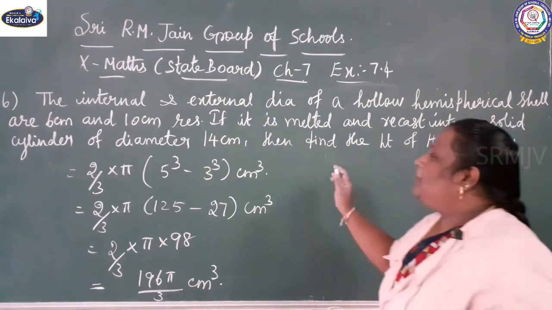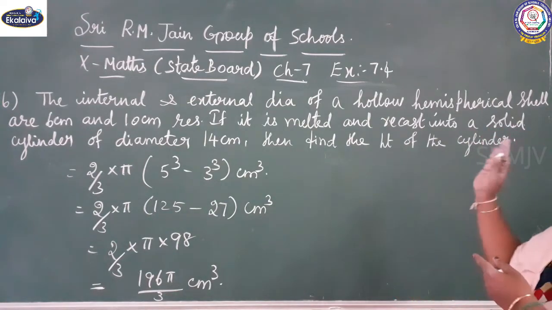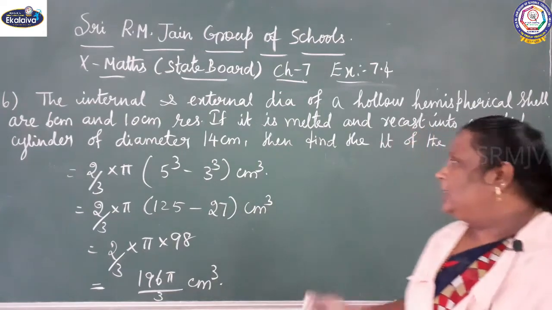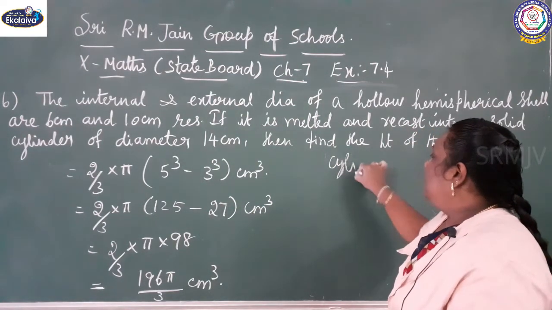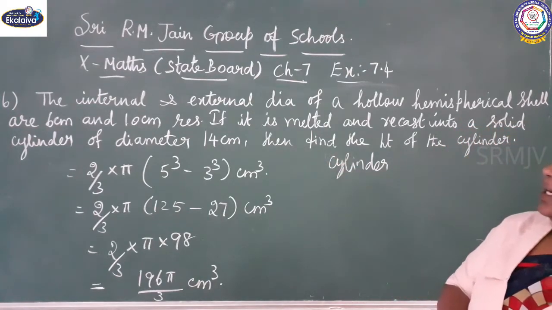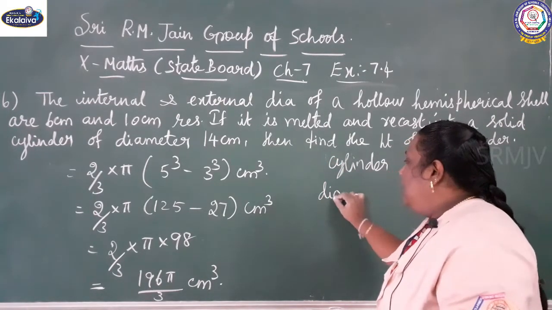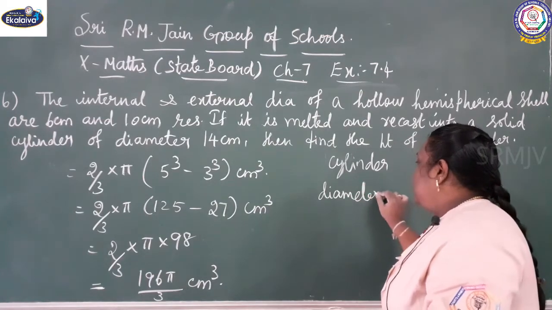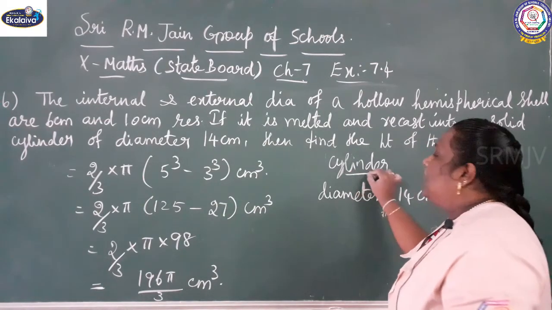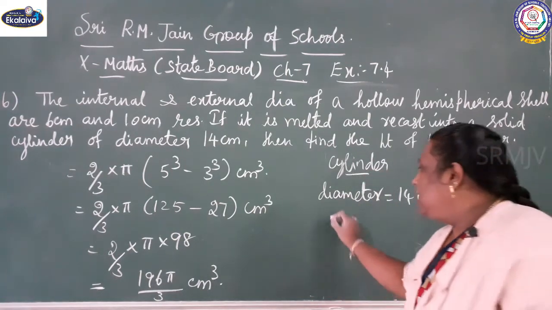See the cylinder, because it is recast from that hollow hemisphere; it melted and changed the shape into a cylinder. Cylinder, what is the diameter of the cylinder? Diameter equal to 14 centimeter.